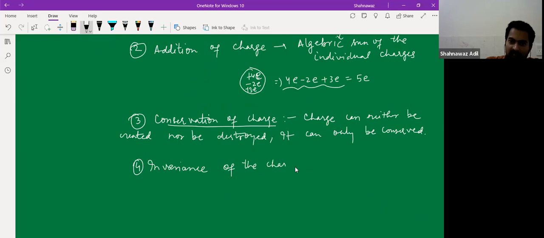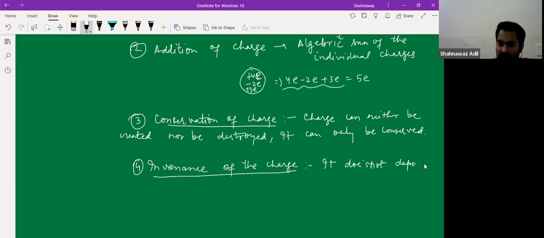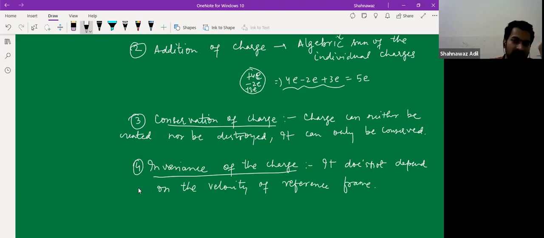In the invariance of charges, we learned that the magnitude of charge does not depend on the velocity, the velocity of the reference frame. So these are the basic properties of the charges we learned.